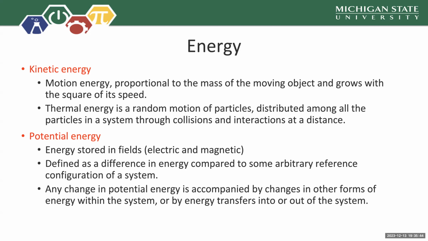And as I just said, potential energy is defined as the difference in energy compared between some arbitrary reference point, like at this point, and then when it drops and reaches my hand. And often a change in potential energy is accompanied by changes in other forms of energy within the system. When there's a change in potential energy, there's always energy transferred into the system or out of the system. And so you can see mostly a change in either thermal energy or motion energy, or kinetic energy, either the motion of a larger object or thermal energy.